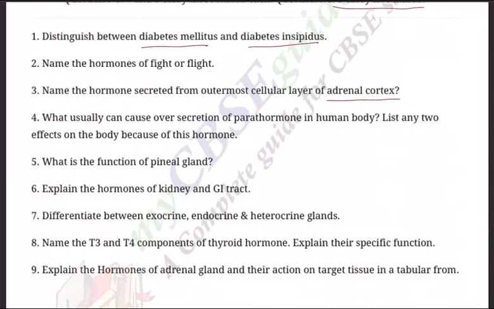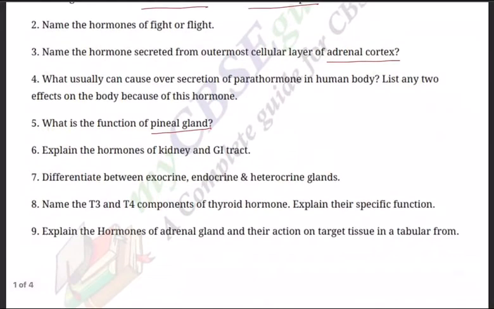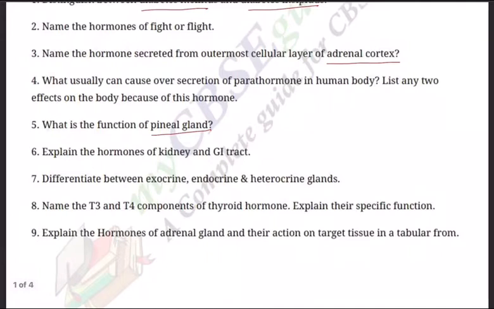Question 4: What usually can cause oversecretion of parathormone in the human body? List any 2 effects on the body because of this hormone. Question 5: What is the function of the pineal gland? Question 6: Explain the hormones of the kidney and GI tract. This is an unexpected question from this chapter, so expect the unexpected.